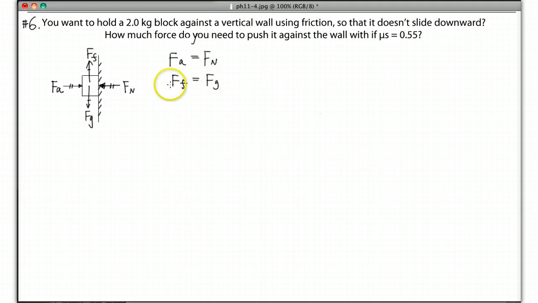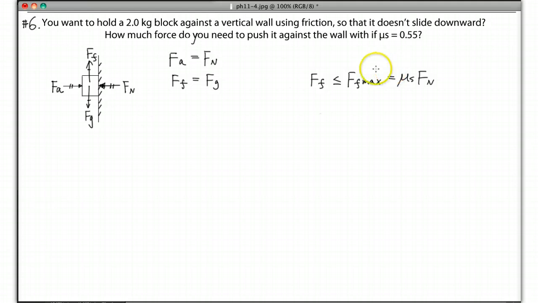Okay, now the friction here is a static friction. For static friction, we know Ff is always less than or equal to Ff maximum, which equals mu s times Fn.